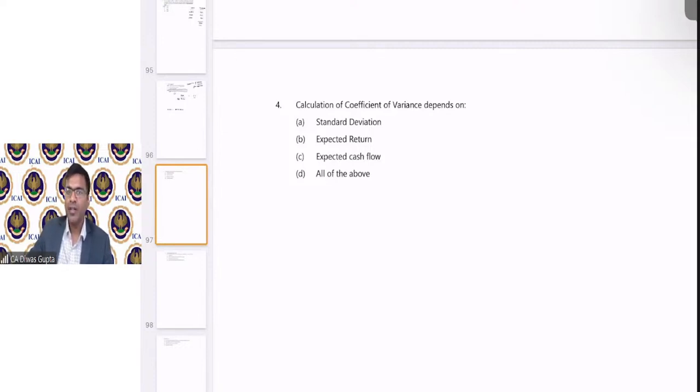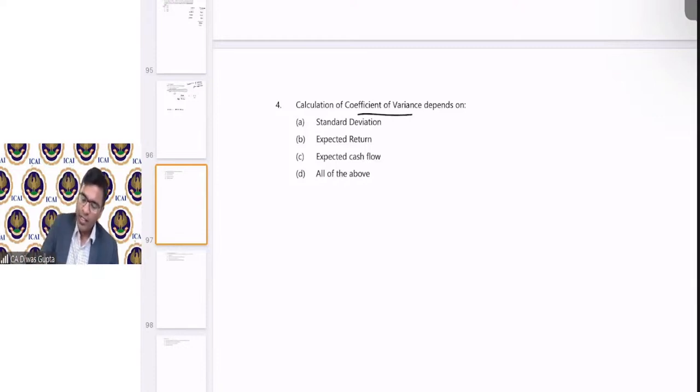So the coefficient of variation depends on standard deviation A, expected return B, expected cash flow C, or all of the above. Yes, I've got a lot of answers now. Shailesh is saying D, Rahul is saying D, Robin is saying D, Uday is saying okay. So just check once.